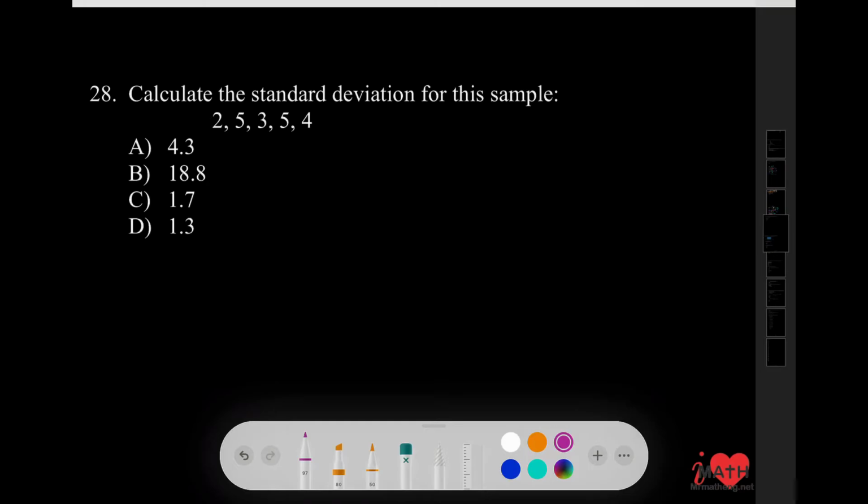All right, question number 28 says calculate the standard deviation for this sample. I'm going to do this all by hand, and of course the calculator can spit that out for you. But just in case, if we ever go back to the classroom, I might ask you to do this by hand. There are 5 numbers here, so n equals 5, and I'm going to find the average by adding up all those numbers. 2, 5, 3, 5, and 4 divided by 5.